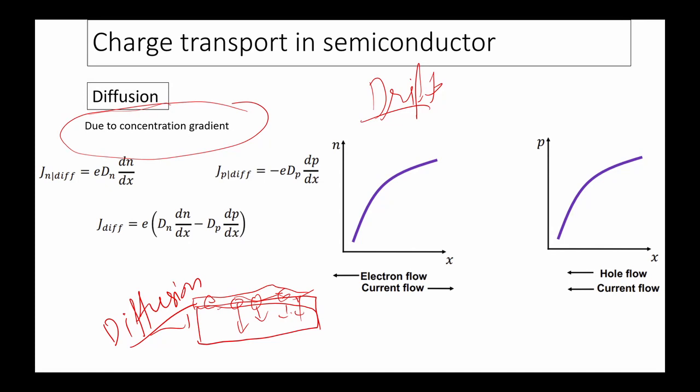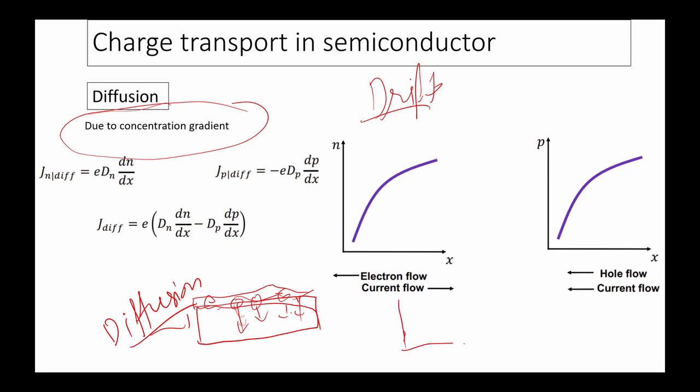When we increase the temperature, there is a diffusion of the atoms of the foreign element which we want to dope inside a semiconductor, like phosphorus atoms.